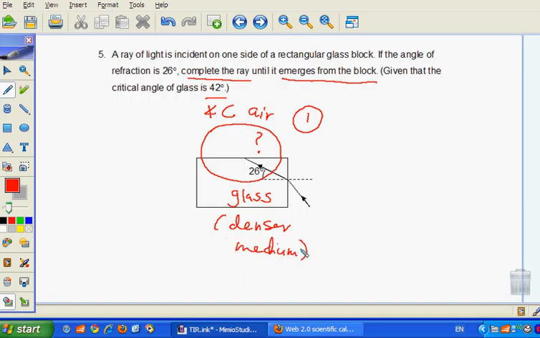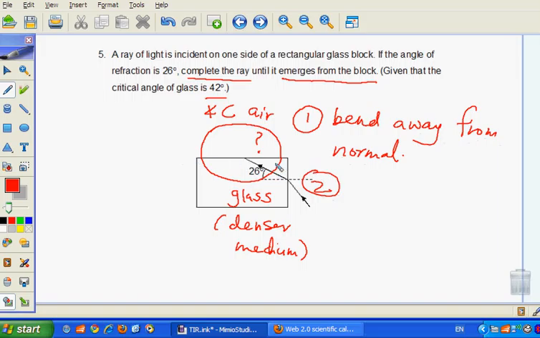If we recall our concept of how light travels between different media, when it travels from denser to less dense media, it will tend to bend away from the normal. Okay, in this case, there's another possibility, which is that there might be total internal refraction.